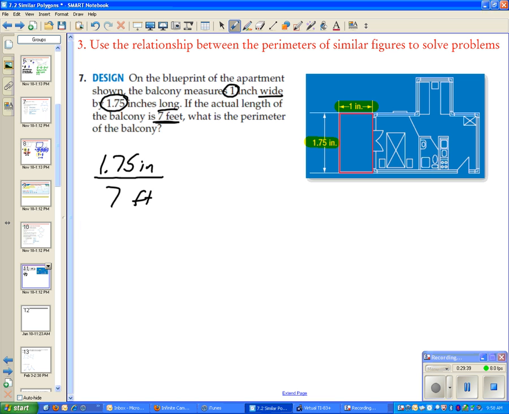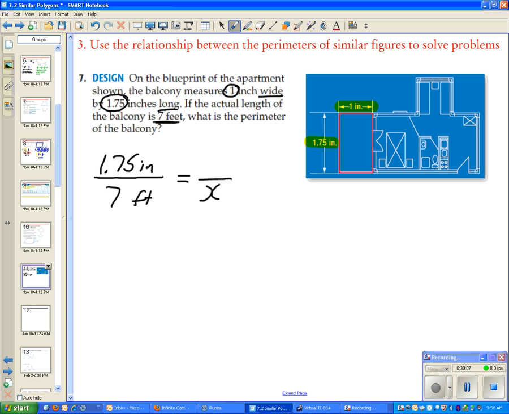Okay? The ratio of the perimeters equals the scale factor. I don't know what the perimeter of the balcony is, so I'm going to call it x. Why did I put x on the denominator instead of the numerator? Because it's the actual balcony, and that's what the 7 feet was, the actual balcony. Okay?